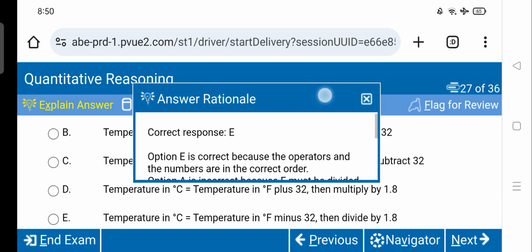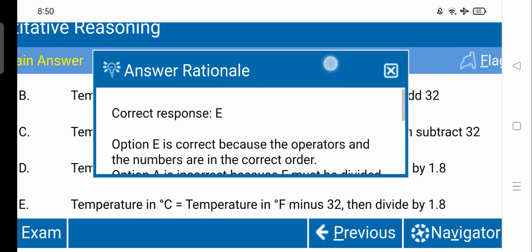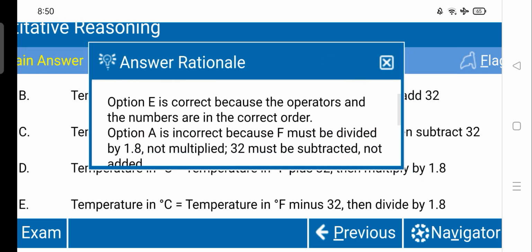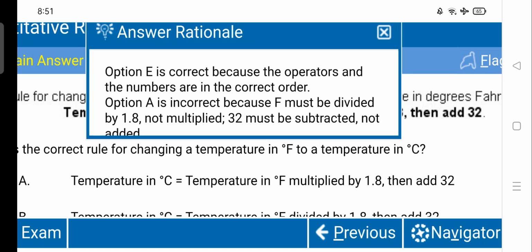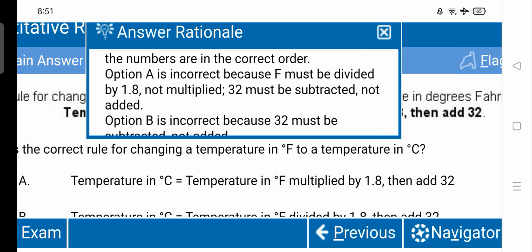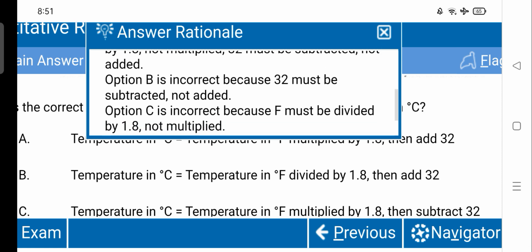So option E is the correct option because the operators and the numbers are in the correct order. Option A is incorrect because F must be divided by 1.8, not multiplied, and 32 must be subtracted, not added. Option B is incorrect because 32 must be subtracted, not added.